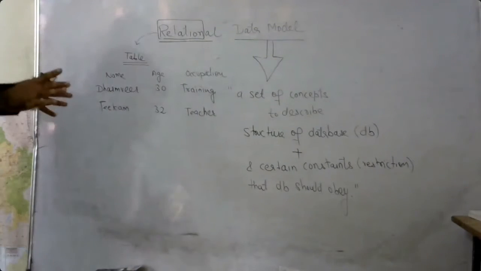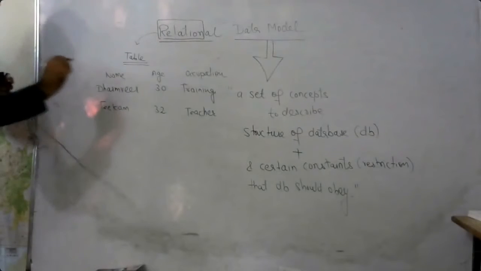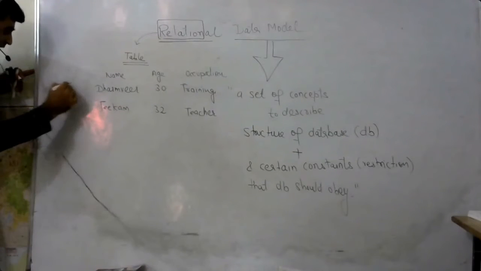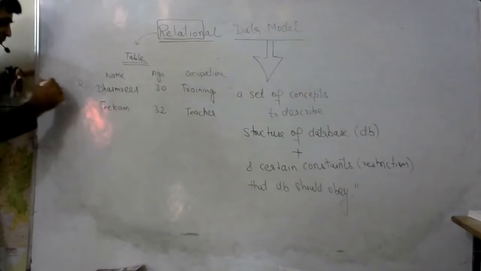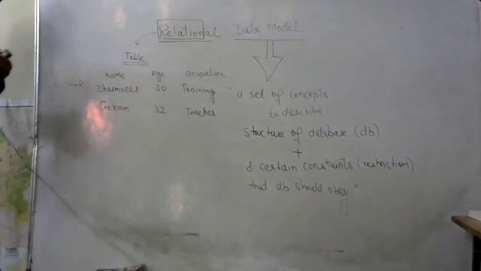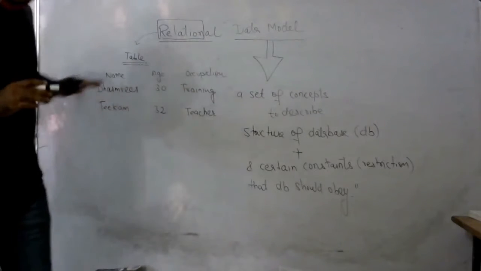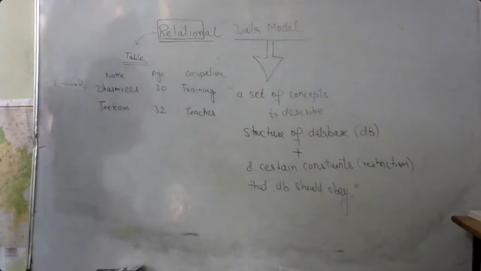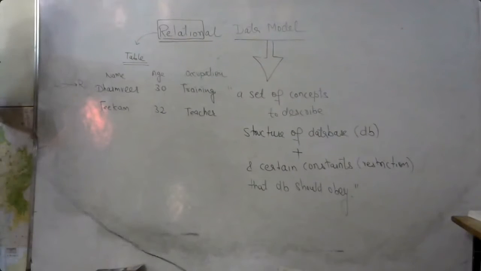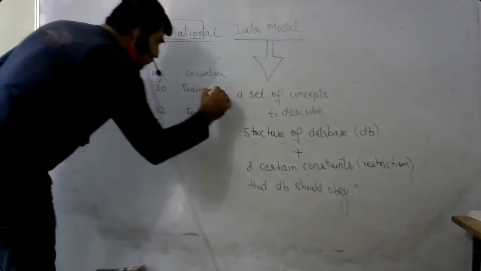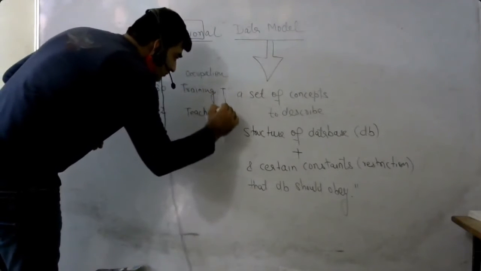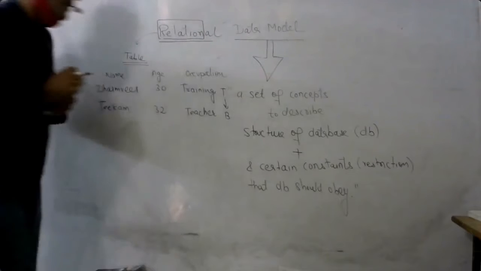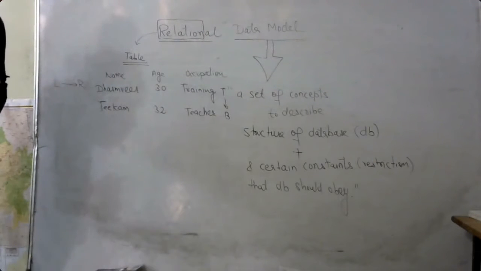So what I have done here is arranged my data in rows. Whenever we move from left to right, that means a row: first row, second row, like when you sit in your classroom. And whenever we move from top to bottom, it is known as a column.